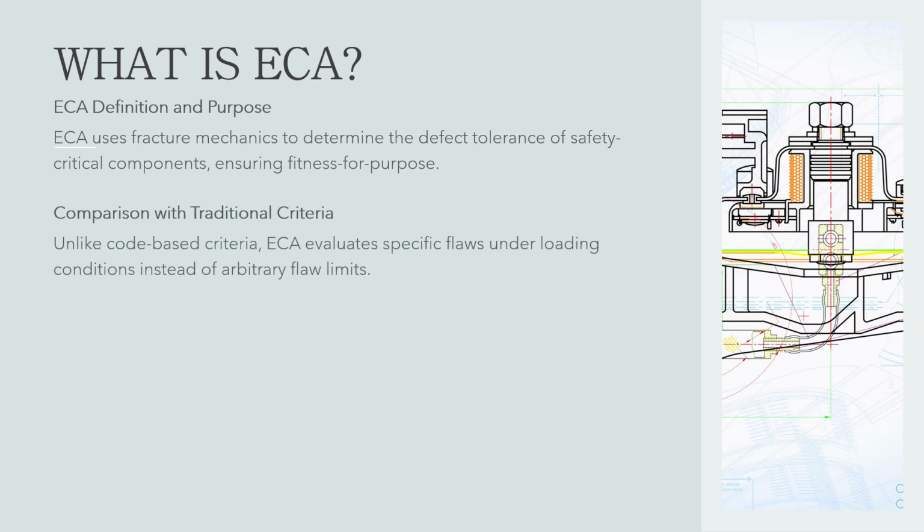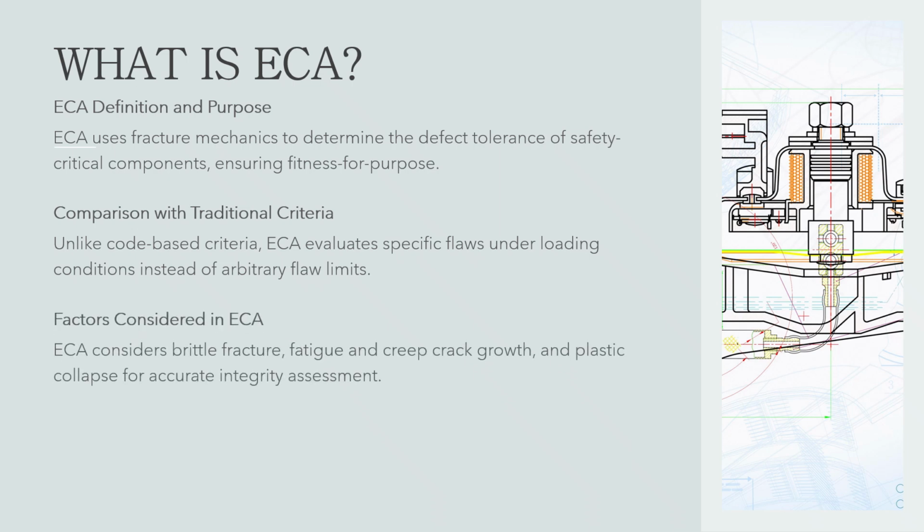Unlike traditional code-based acceptance criteria, which often rely on arbitrary limits for flaw size and toughness, ECA provides a fitness for purpose approach. This means that instead of assuming all flaws are dangerous, ECA evaluates whether a specific flaw can exist safely under given loading conditions.